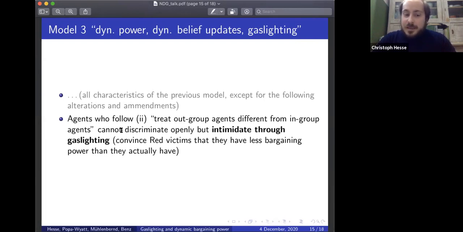And gaslighting means that upon interacting with them, they can change the belief updates of red agents by convincing the red agents, the red victims, that they have less bargaining power than they actually have. And they can, again, only change that incrementally. So they can sort of chip away at the self-esteem of the red agents a little bit and make them think that their bargaining power is a little less than what they think it is.